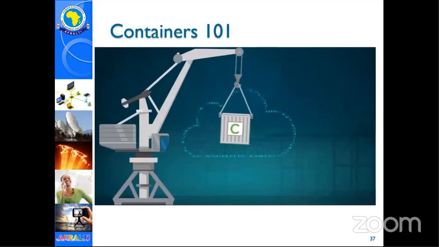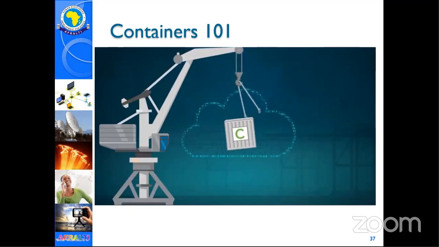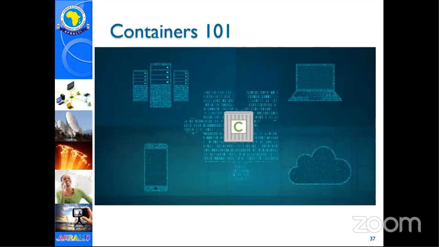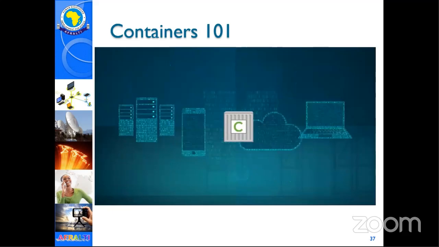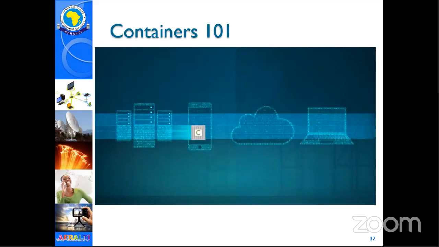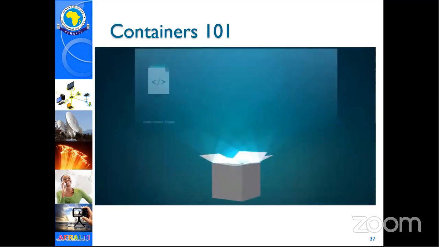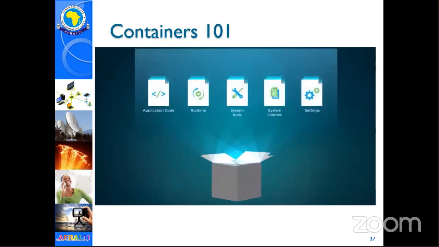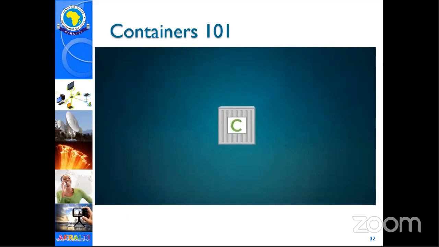The promise behind software containers is essentially the same. Containers are a solution to the problem of how to get software to run reliably when moved from one computing environment to another. A container image consists of an entire runtime environment, an application plus everything needed to run it. Code, runtime, system tools, system libraries, settings, all bundled into one lightweight standalone executable package.